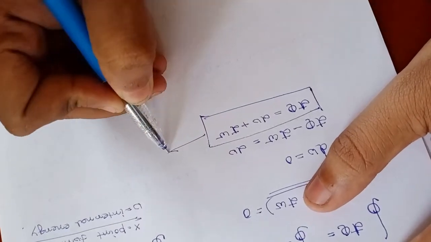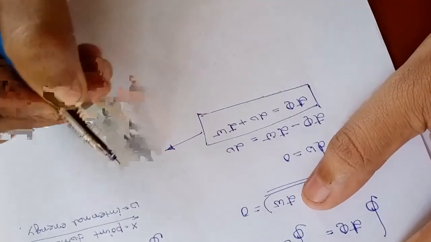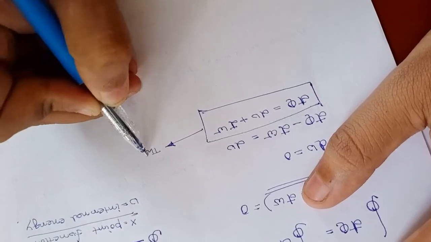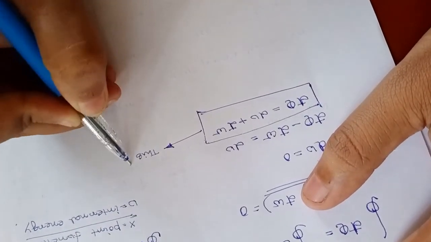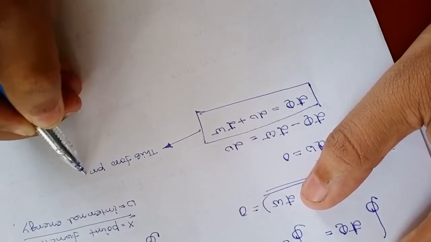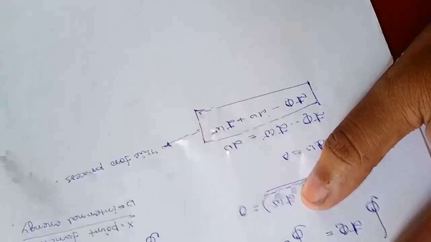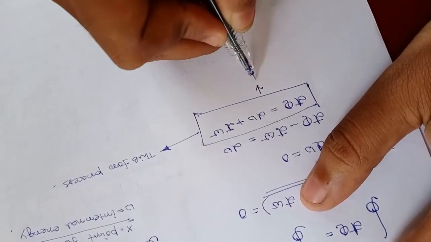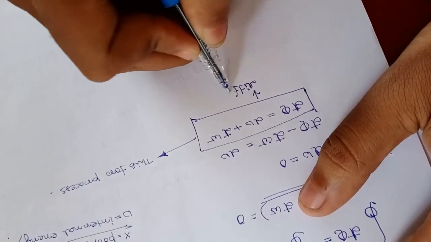One more thing you have to understand: this is for a process, not a cycle, and this is the differential form.